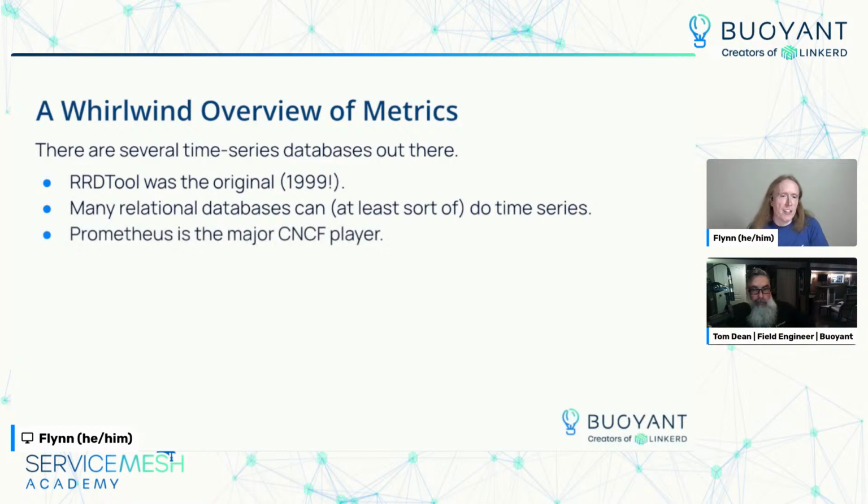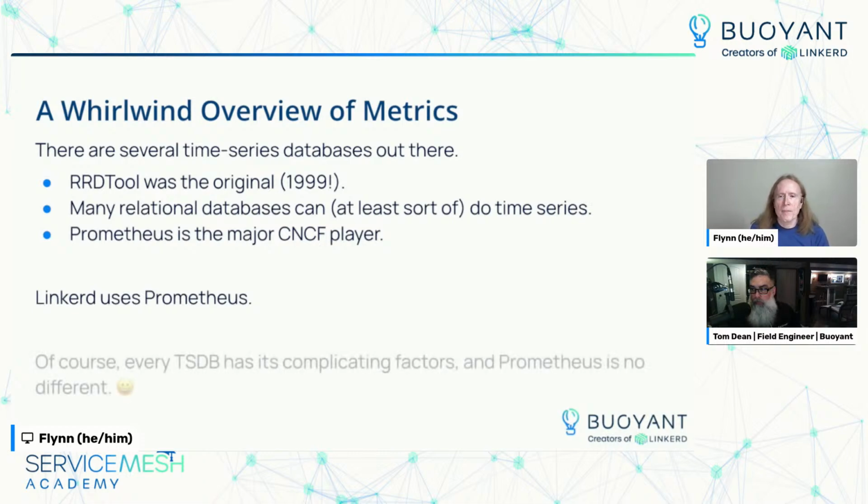The major CNCF player here is Prometheus, and Linkerd, in fact, uses Prometheus. Almost all of the CNCF projects that I know of that do metrics in any way vaguely like what Linkerd does use Prometheus. So we will be showing Prometheus syntax in here, and we'll be talking about some things that are Prometheus-y as we go.